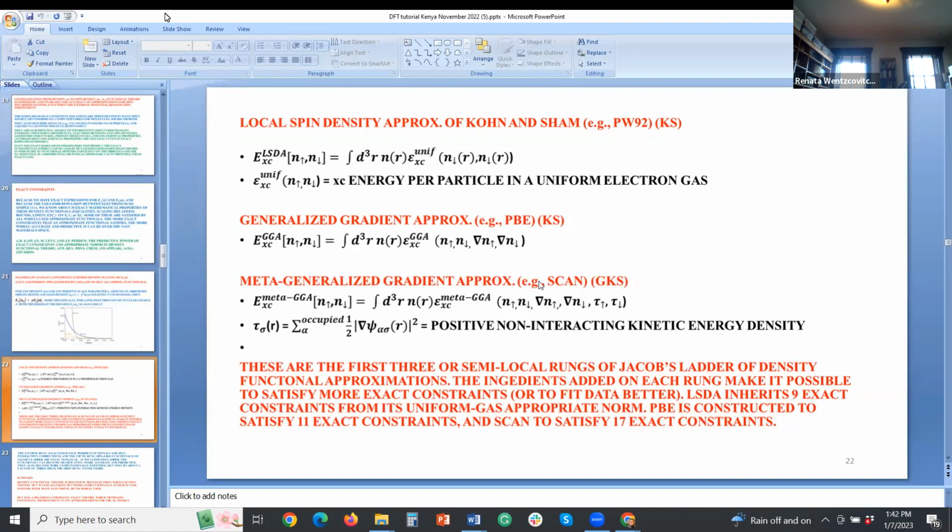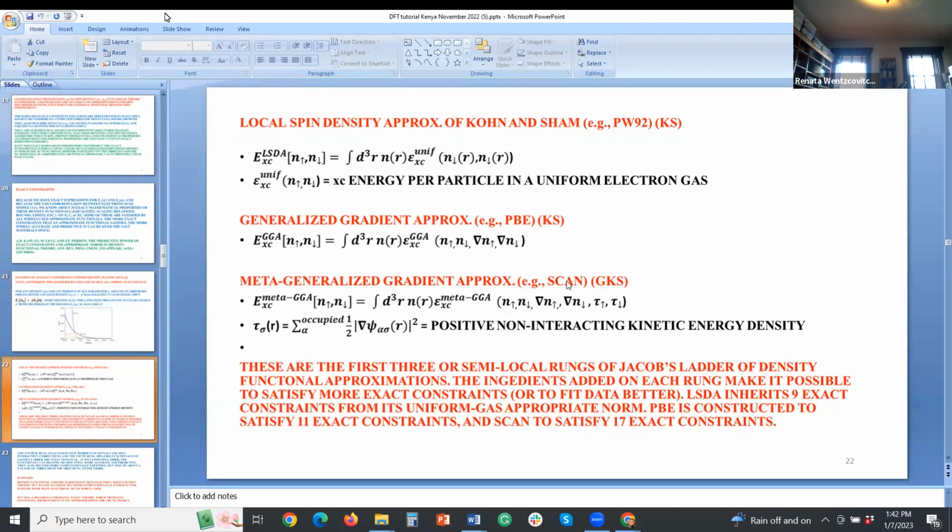The second rung of Jacob's ladder is the generalized gradient approximations, where we still have a single integral over three-dimensional space. We still have the total electron density as a factor. And then we have a function, which is a function not only of the up and down spin densities, but also of their first gradients.